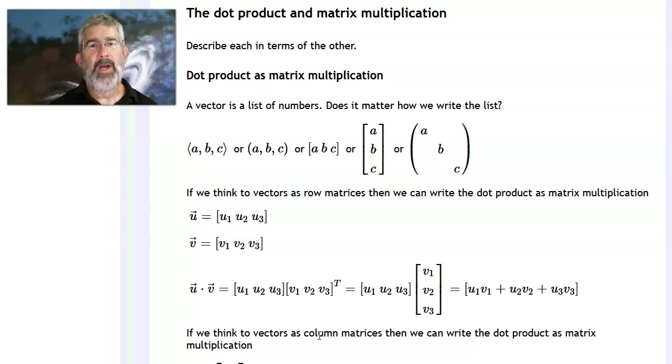Whether you write it with pointy brackets or with round brackets or with square brackets and no commas, or as a vertical list of numbers, or maybe as a diagonal list of numbers, it's still a list of numbers. And as long as you write them with a particular order in mind, then it is that vector that you're thinking of. It's that list of numbers.